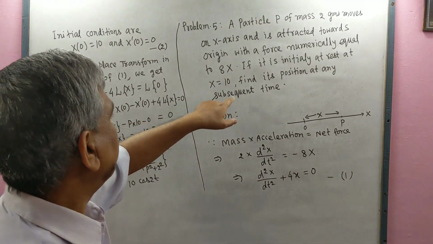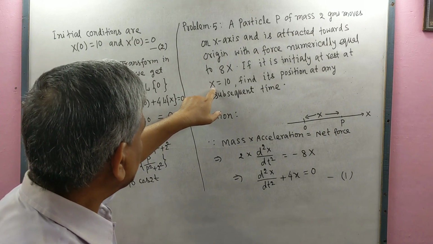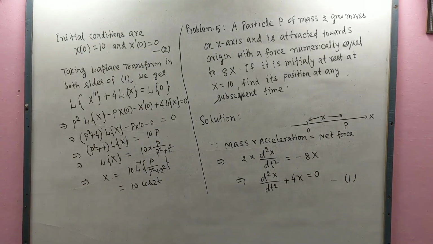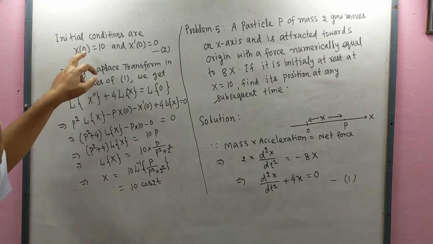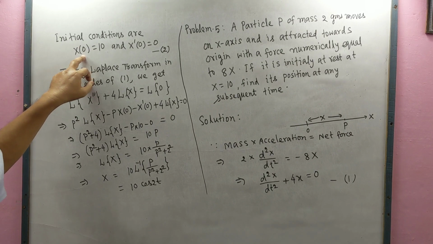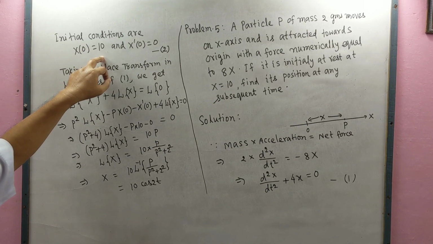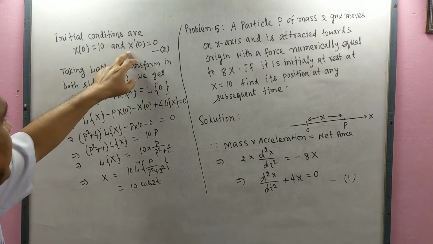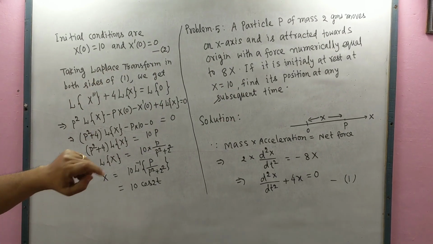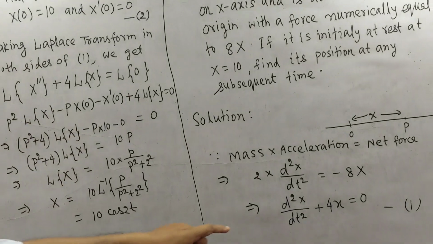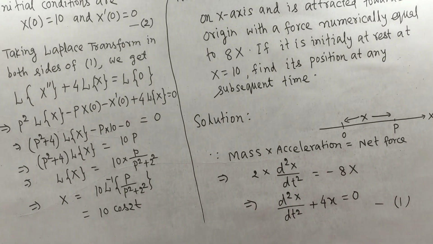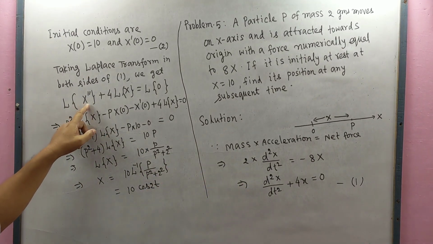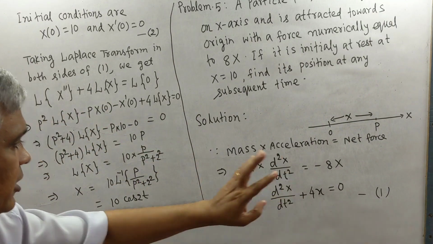Initially, when t equal to 0, x equal to 10, and at that time it was at rest, that is x dash 0 equal to 0. Taking Laplace transformation in both sides of 1, we get L of x double dash plus 4 L of x equal to L of 0.